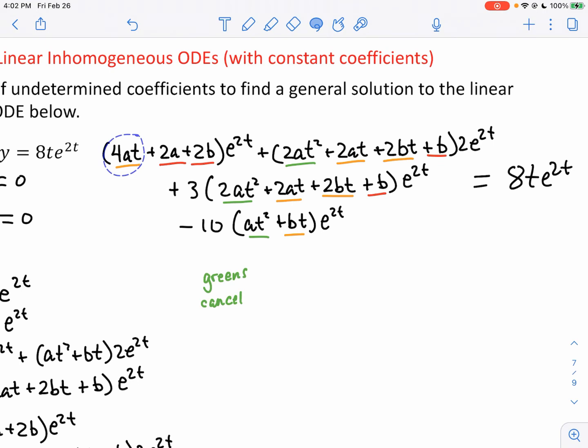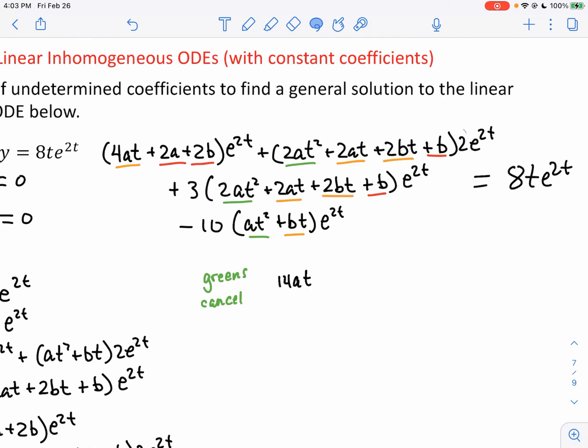We have a 4at plus an... Don't forget, this is multiplied by 2, so plus another 4at. So that's 4at plus 4at is 8at plus another 6at, and that's going to be 14at. And that's not all of the oranges, though.